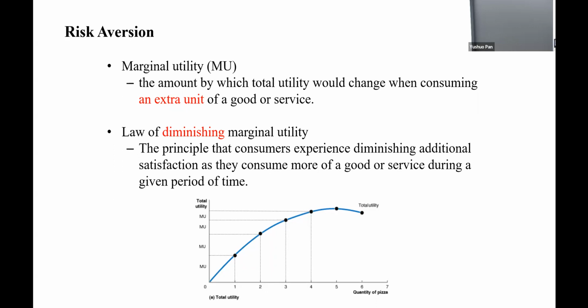I think it's easier to understand with an example. Say I'm so hungry at this moment, so I want to buy a pile of pizza. With that pile of pizza, my satisfaction will increase a lot because I was hungry before. After I ate one pile of pizza, I buy another pile.